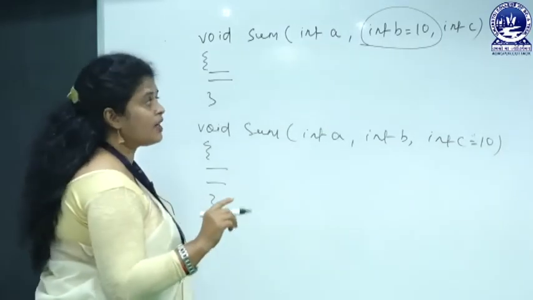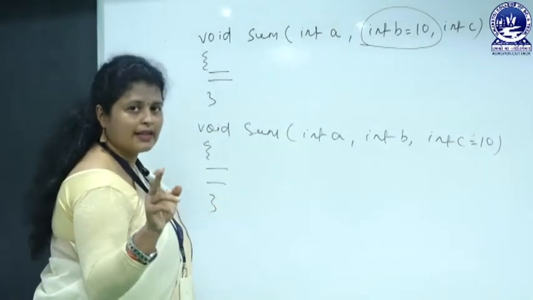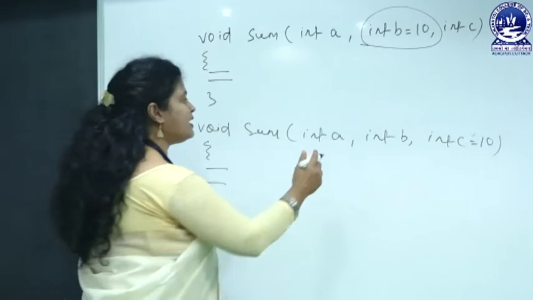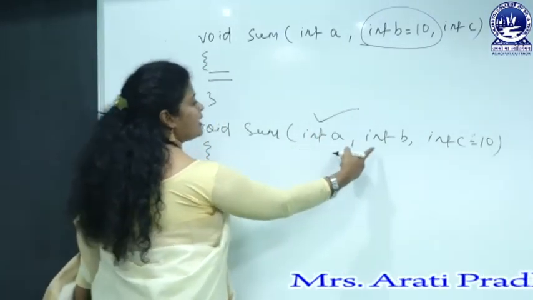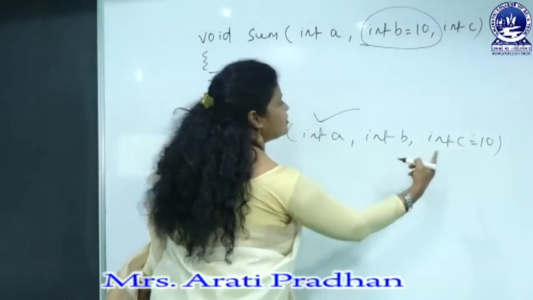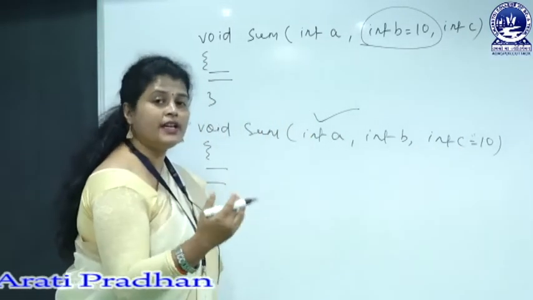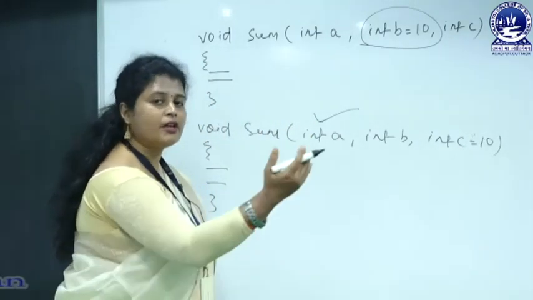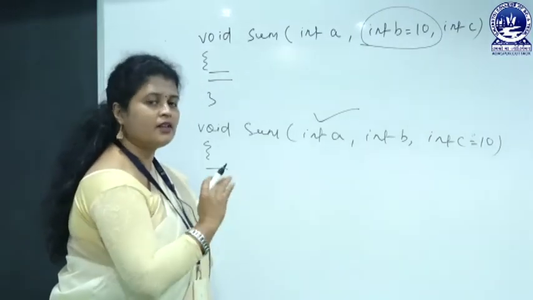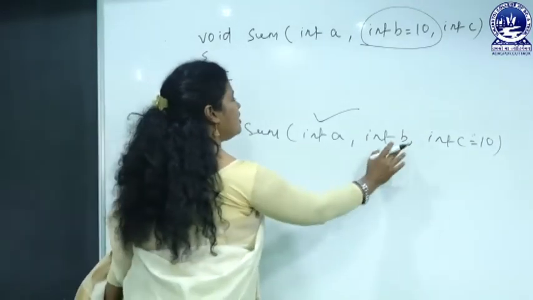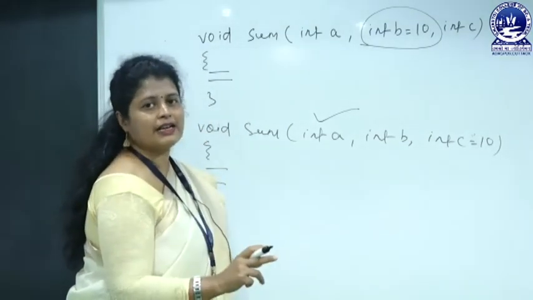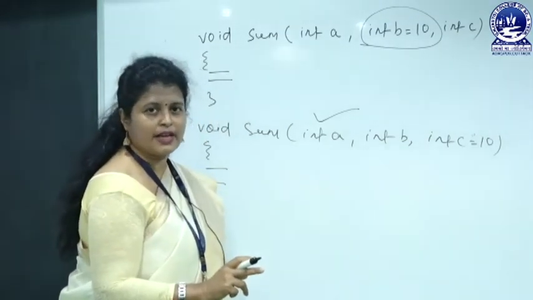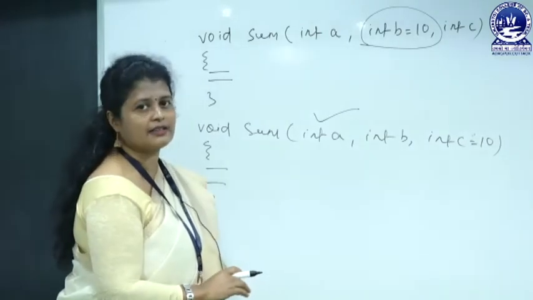If you want to use only one variable as a default argument, then you have to write it in this manner: void sum(int a, int b, int c = 10). It means that you will use default arguments from right to left, not from left to right or in the middle. This is one important characteristic of default arguments. I hope you have understood these characteristics.